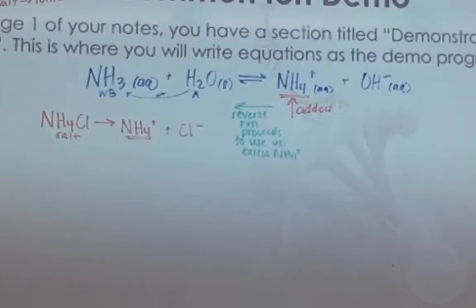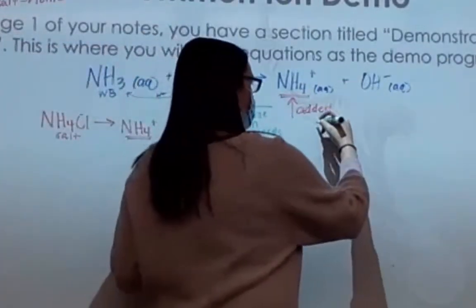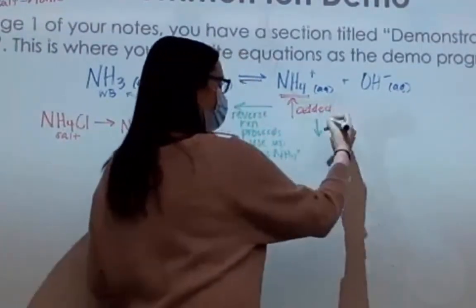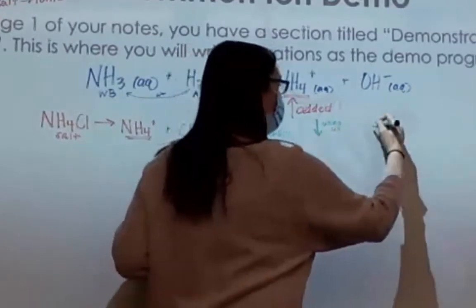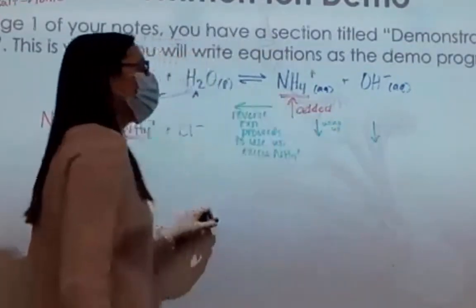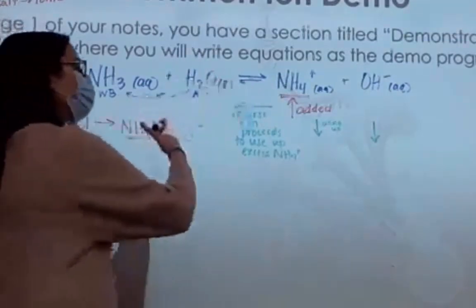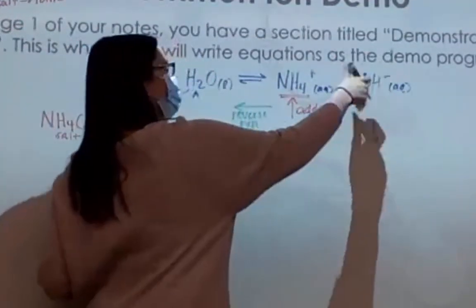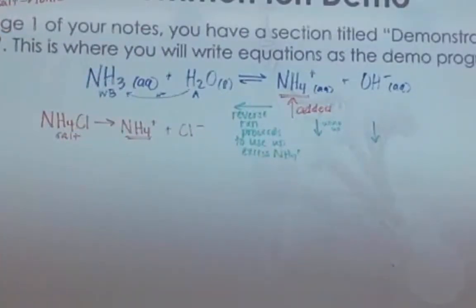Now here's what I want to think about with that. When the reverse reaction proceeds, we're using up NH4+. But we're also using up OH-. Because if the reverse reaction is proceeding, that means NH4+ and OH- are reacting to produce NH3 and H2O.